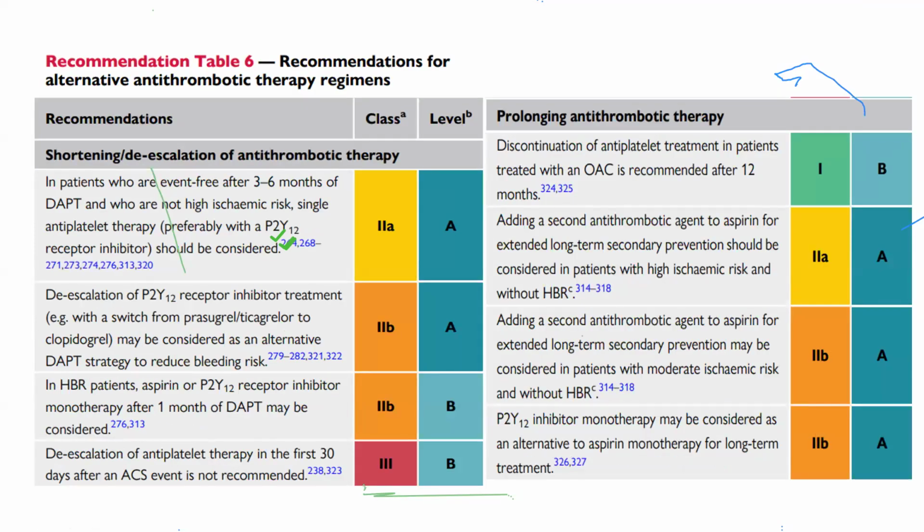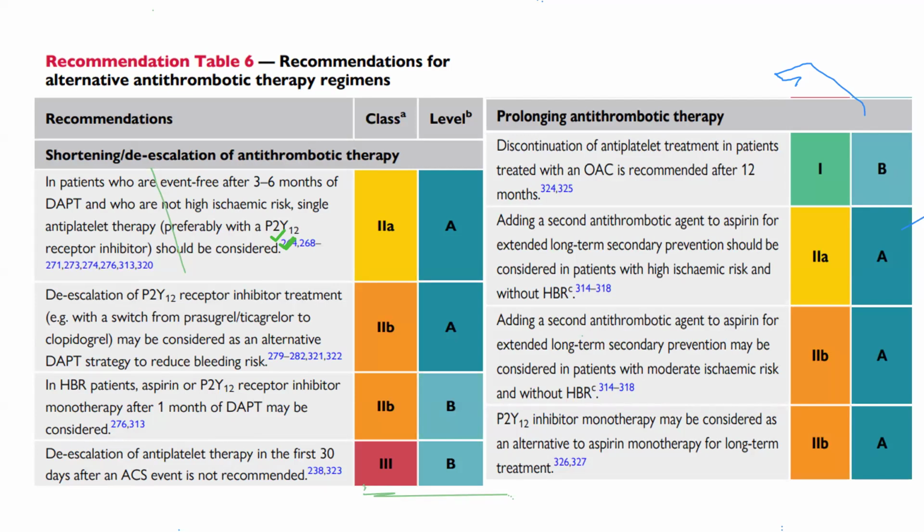In terms of the alternative antithrombotic therapy regimens, in patients who are event-free for 3 to 6 months on the DAPT or who are not at high ischemic risk, single antiplatelet therapy should be considered. This is what we mentioned earlier on. De-escalation of P2Y12 receptor inhibitor, as in switching from a high potency antithrombotic agent such as prasugrel or ticagrelor to clopidogrel, may be considered as an alternative to minimize the bleeding risk.